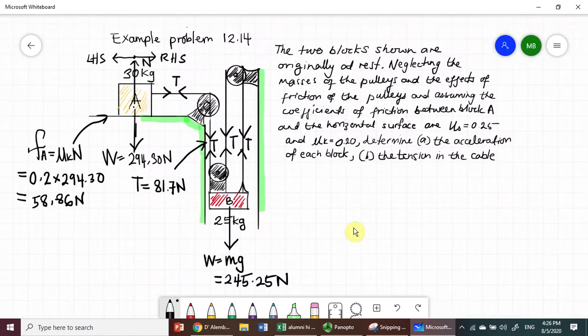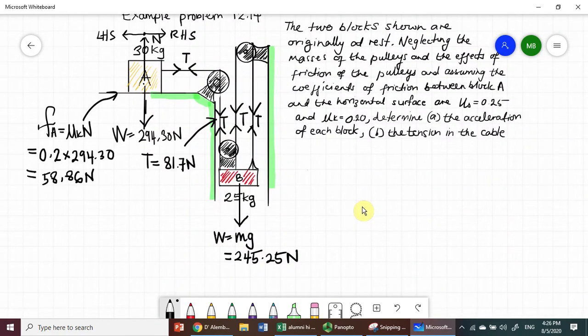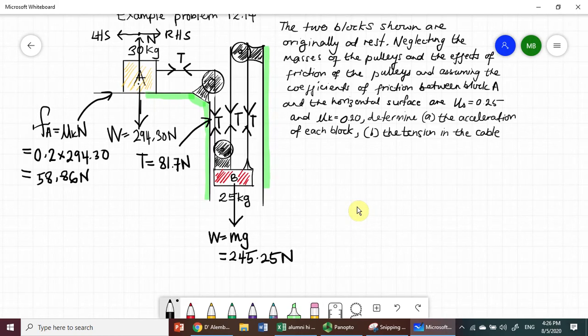Now, as I mentioned, we have two cases. Case 1 is when our friction is acting to the left hand side, and case 2 is when our friction is acting to the right hand side.